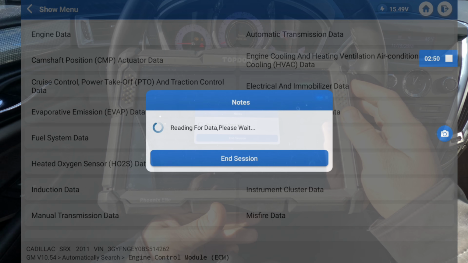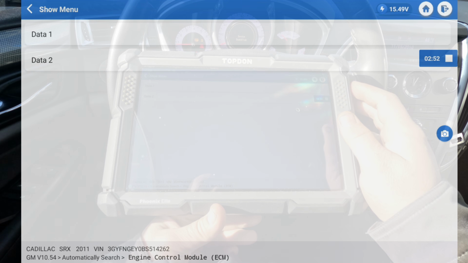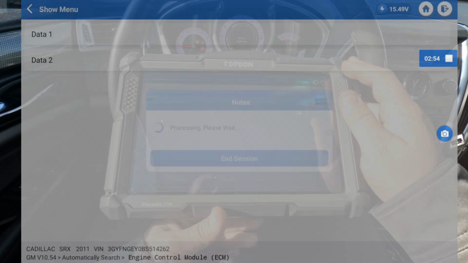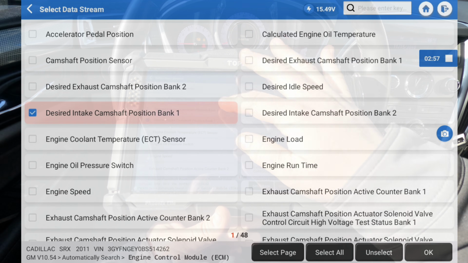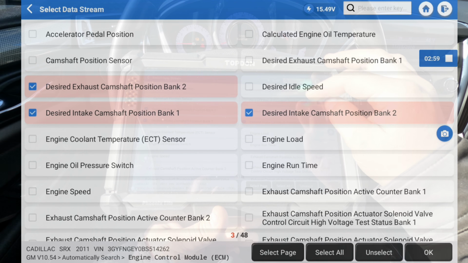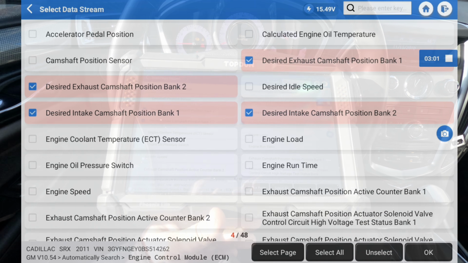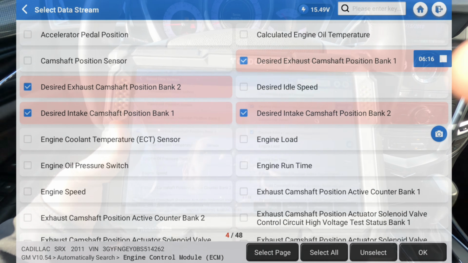Camshaft actuator data. Alright, sorry, I had to move my truck.